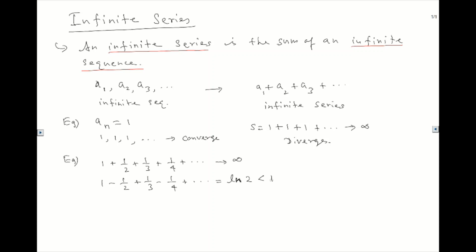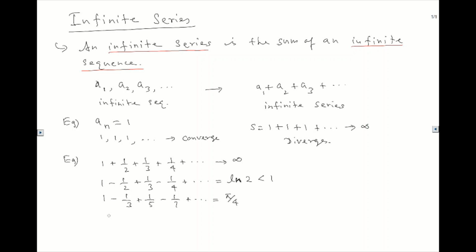How about more examples? How about if you just pick the odd numbers with alternating sign? So 1 minus 1/3 plus 1/5 minus 1/7, and you can see that if you add all those numbers, you're going to end up with pi over 4. How about some even numbers?